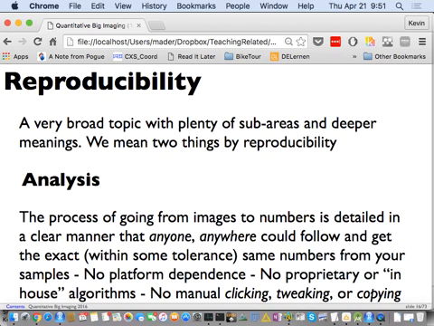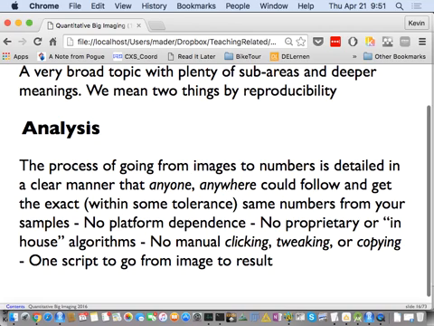That's probably the easiest thing to make reproducible, because it basically means that your analysis is deterministic: when someone gives your analysis the same input, they should get the same output. From a scientific perspective, this means that anyone anywhere could follow the instructions that you give in your paper and get the same result as you did.